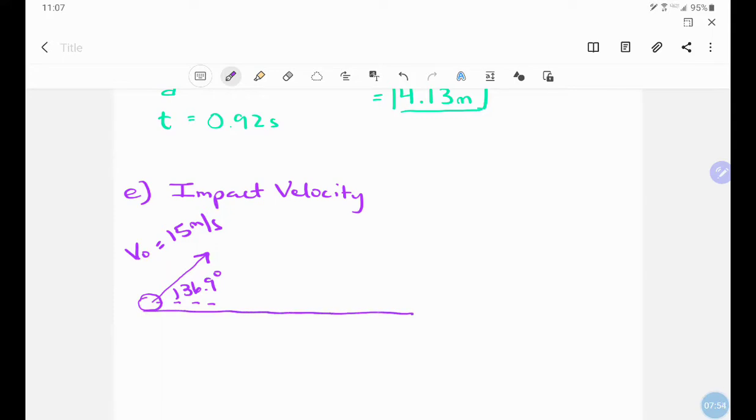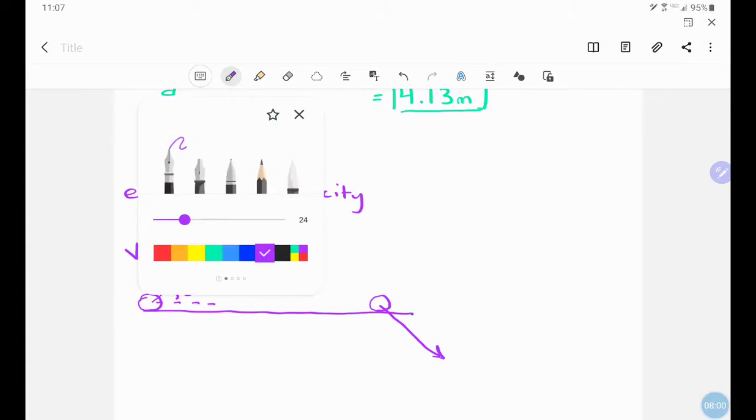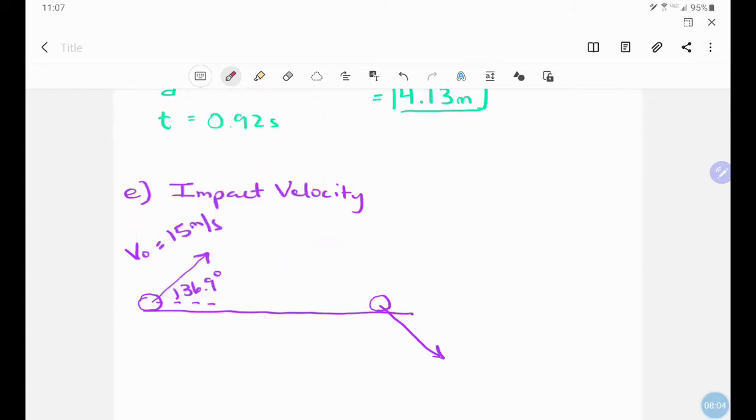I also know the projectile was fired over level ground. So, some facts that I'm going to apply here is, first of all, the horizontal velocity does not change because there's no acceleration in the x direction. So Vx at the beginning of the problem, which was 12 meters per second, is constant throughout. So this is 12 meters per second.